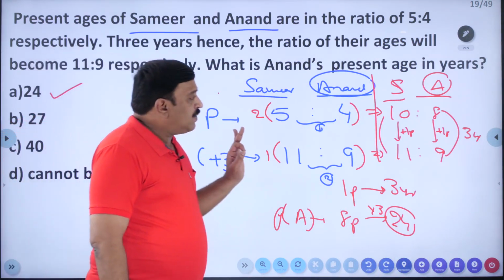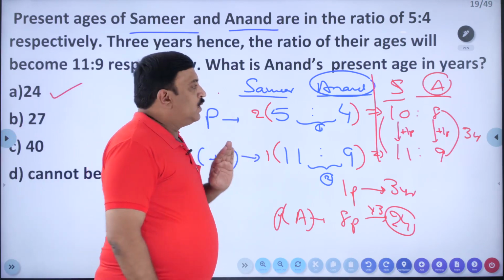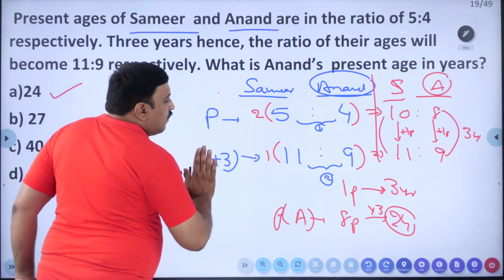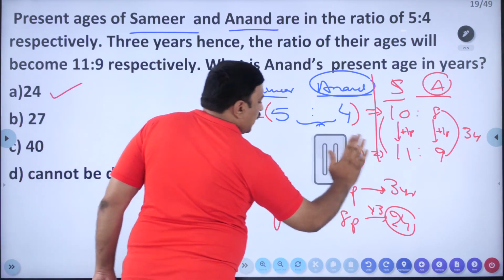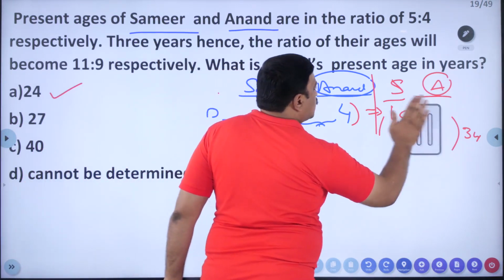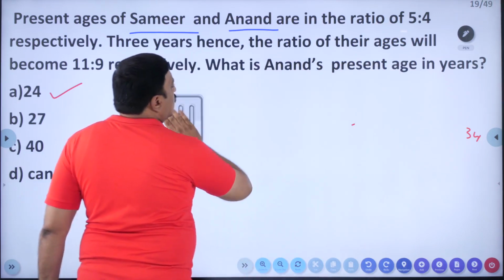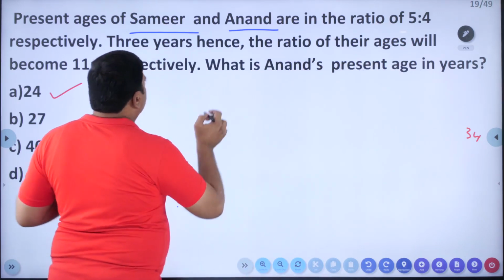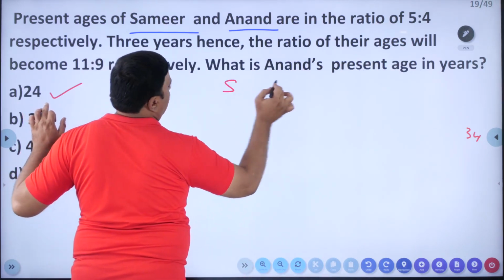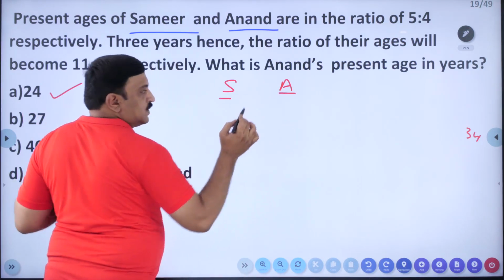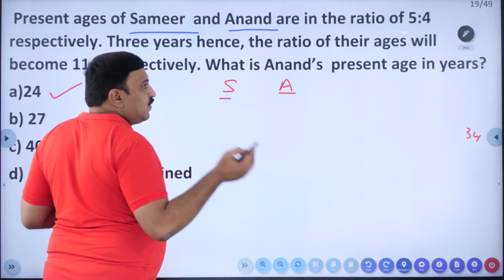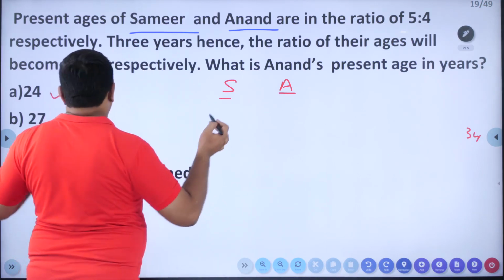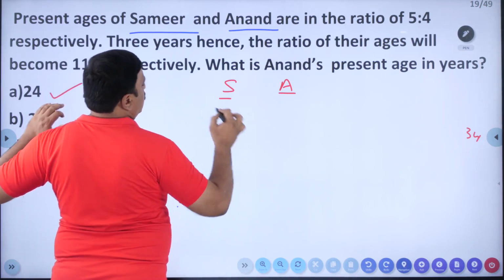If you have a doubt whether our answers are right or wrong, that is another problem for so many people. Then you check. Since we got Samir and Anand, you know the X methods. If you don't know X methods, or if you need another way, just go like this.